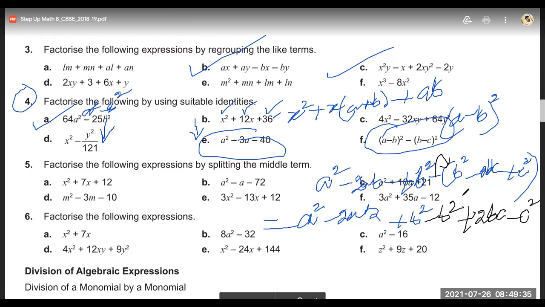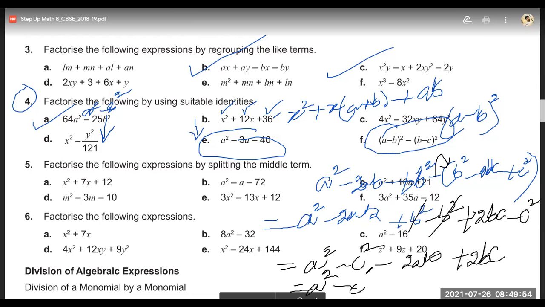So here minus b square and plus b square cancel. What is left? A square minus c square minus 2ab plus 2bc. So what is common in both? 2b is common. You can take it as 2b into a plus c. So this way you can continue it.